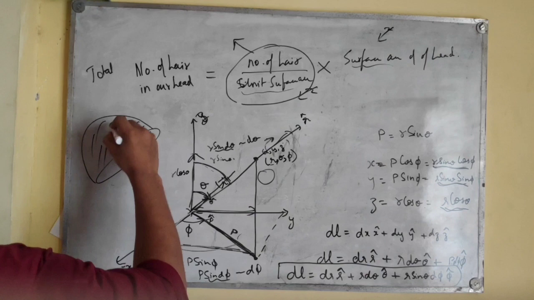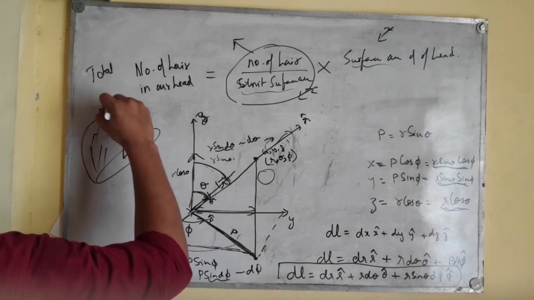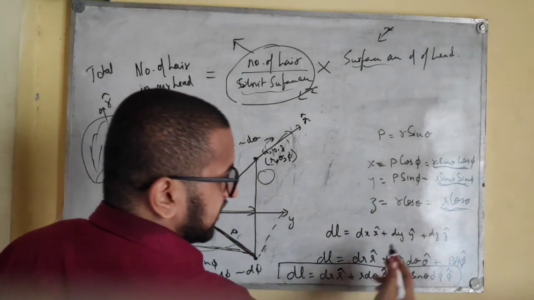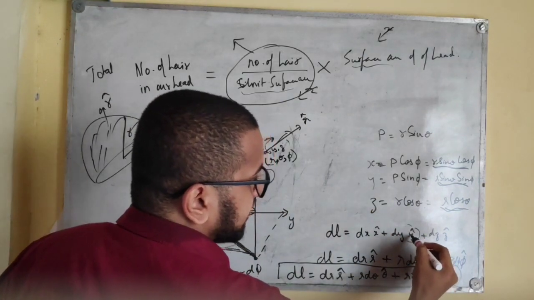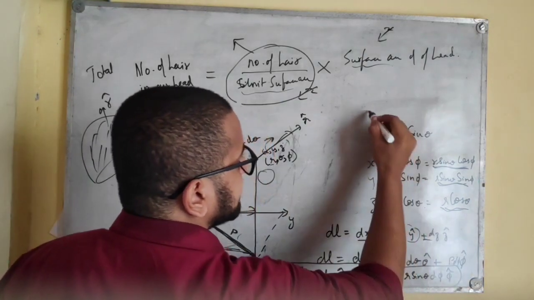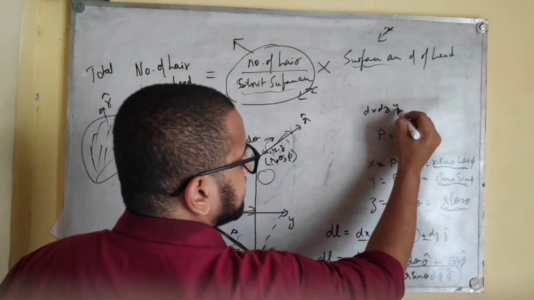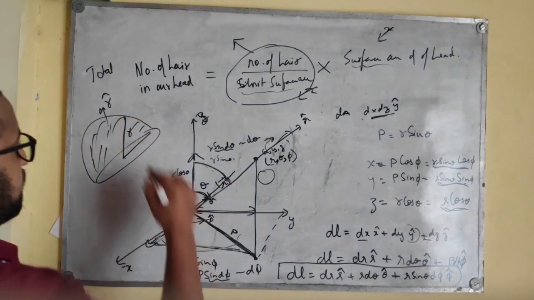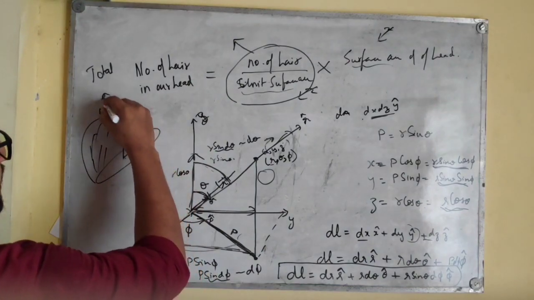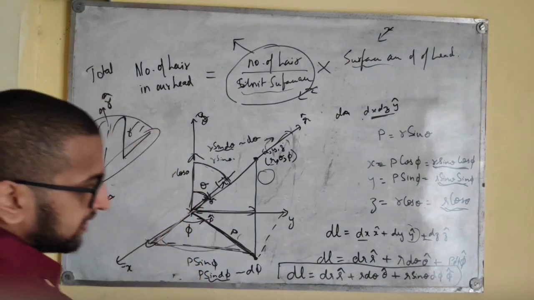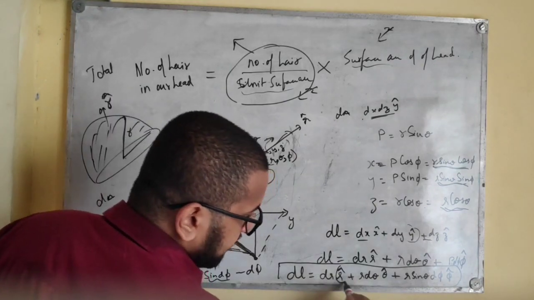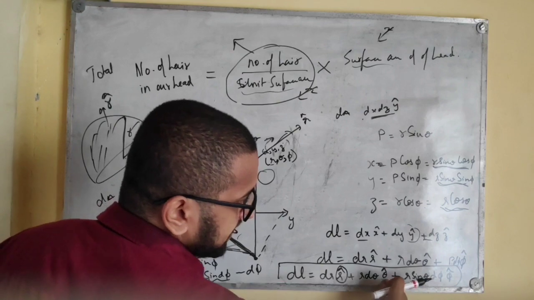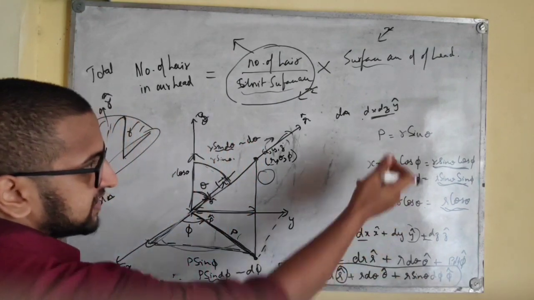So this curved surface area is projected in r cap. We saw in the Cartesian coordinate system that if you want an area projected in the y direction, we multiply dx and dz, which gives the area element along y cap. Similarly, if we want the area projected in r cap, we multiply the line elements of the theta direction and phi direction.